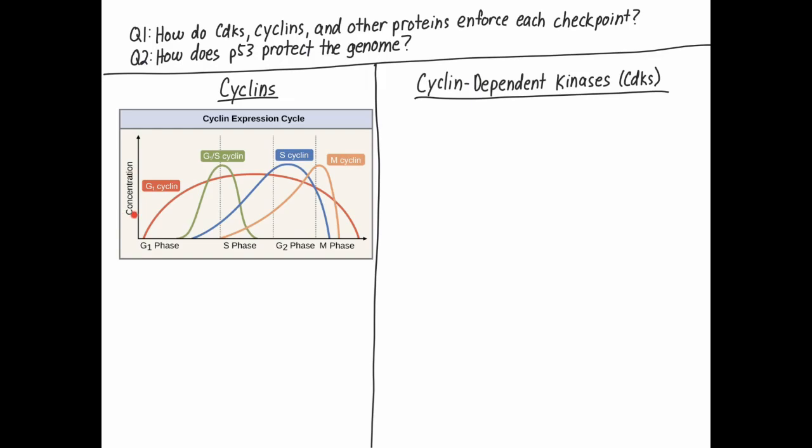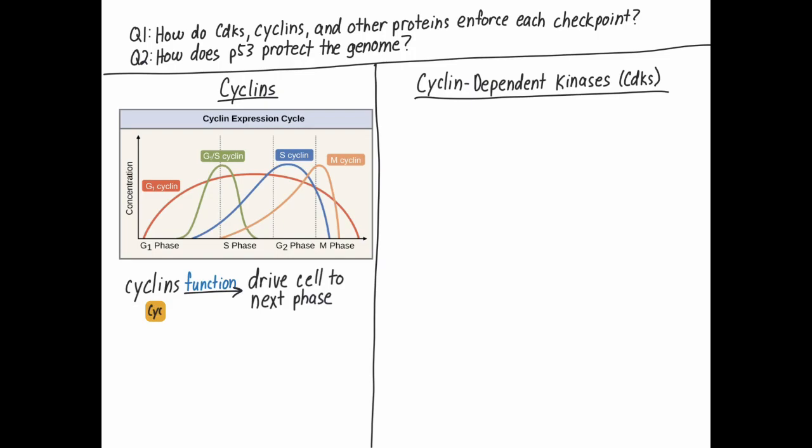Their expression, or how much of each cyclin protein is present, changes greatly throughout the cell cycle. When the expression of each cyclin peaks is when it carries out its function of driving the cell into the next phase of the cell cycle.